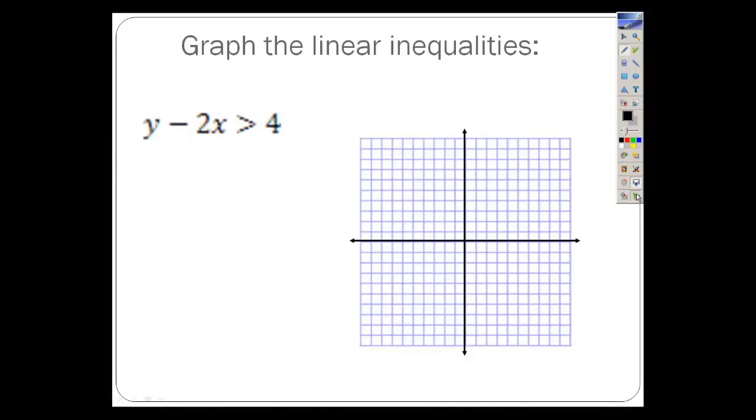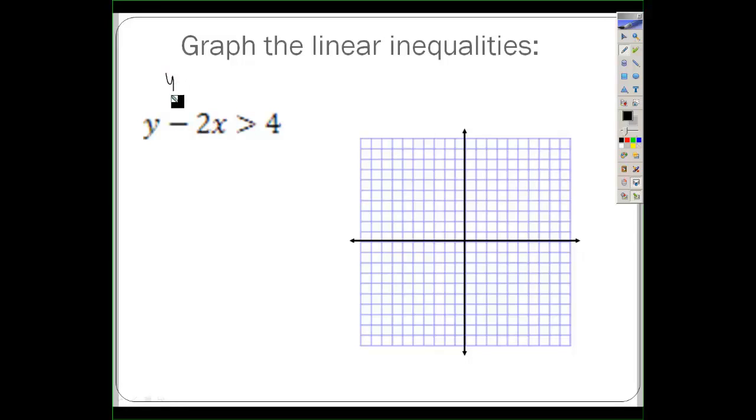But then there might be some problems like this, where it's going to be a little trickier to graph. Remember, these are linear inequalities, so we want them in the form y equals mx plus b. The problem here is, remember, this represents our equal sign. We don't have y by itself. So what I can do is add 2x to both sides. And now I can say y is greater than 2x plus 4.